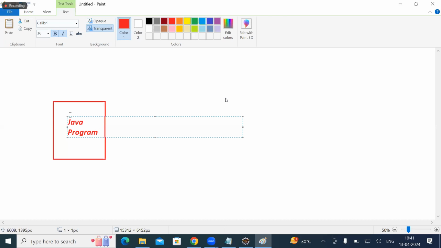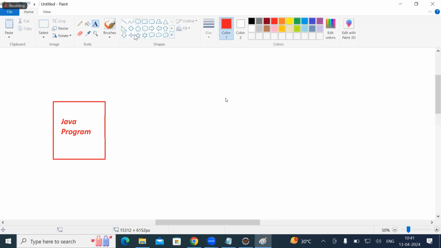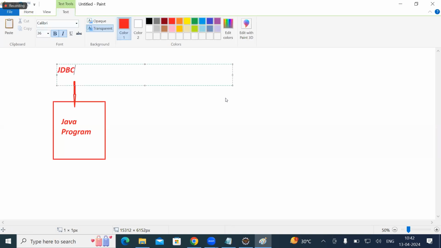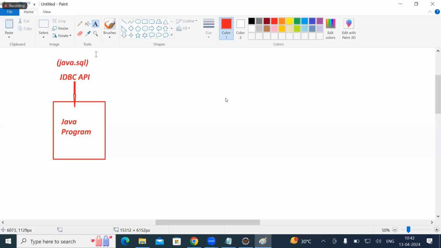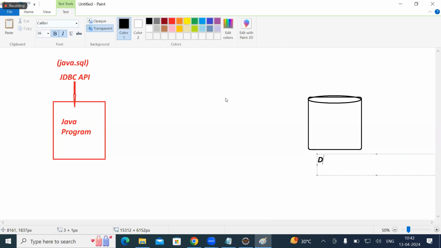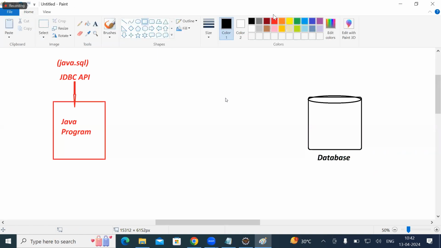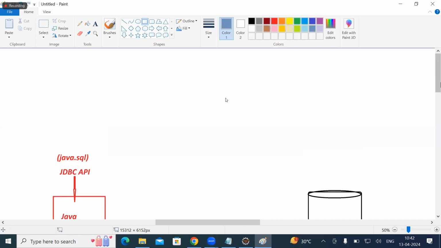Java program, JDBC API, java.sql. We have to interact with the database. Same, one client computer always.